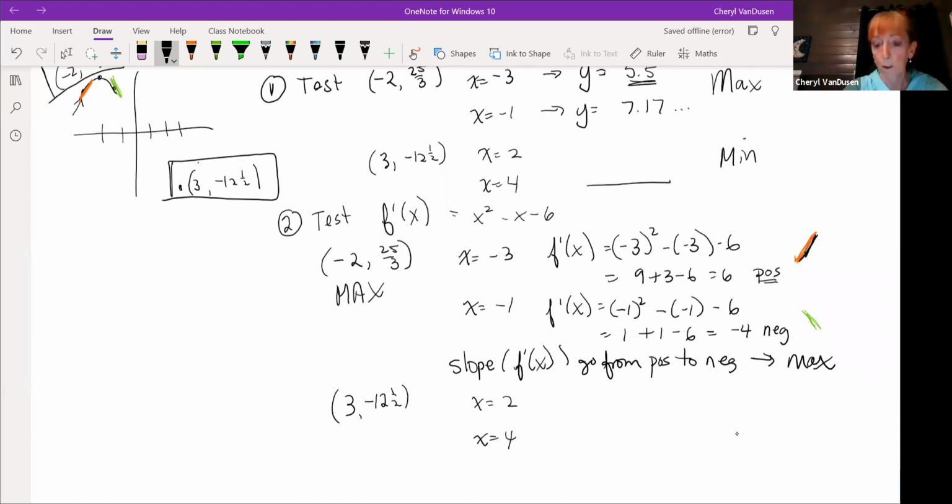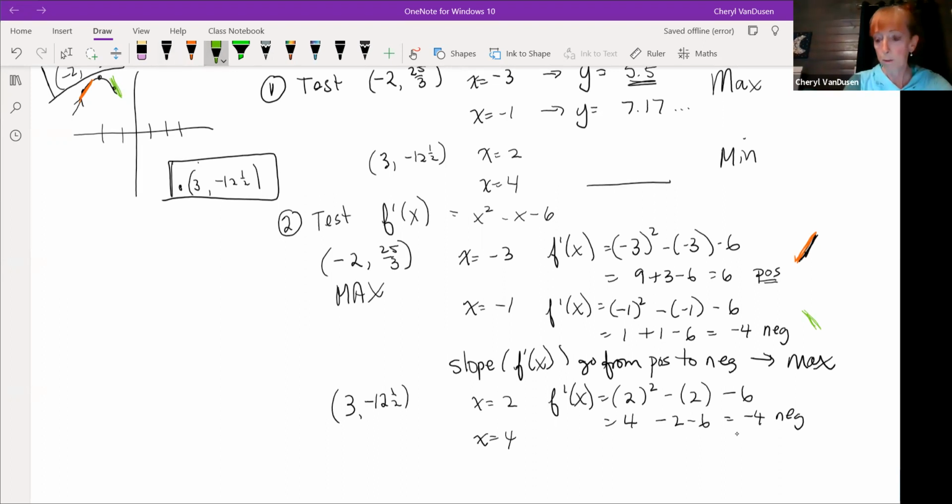Let's just confirm that. So f prime of x is 2 squared minus 2 minus 6. So that's 4 minus 2 minus 6. Again, we're really only worried whether it's positive or negative. So that's minus 4, which is negative. Again, if we do some color coding, that means it's going down like that.